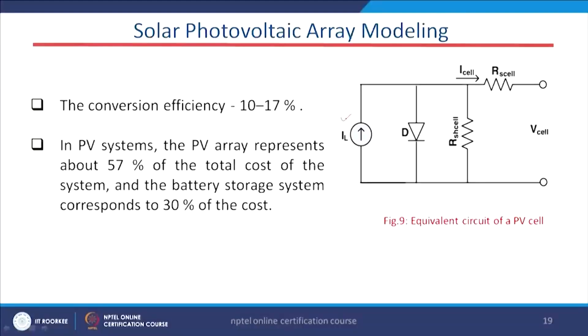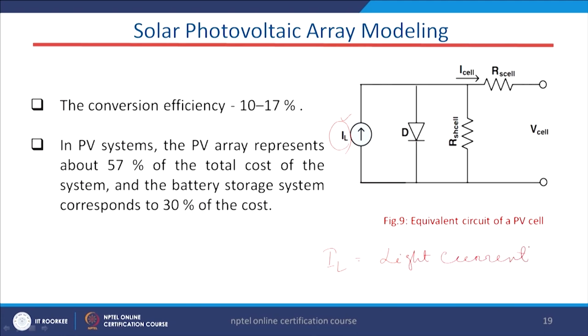Now, coming to the solar photovoltaic array modeling. Here a single solar cell is basically represented in terms of this electric circuit. This IL stands for the light current. I can write here, this is the light current. Why is it light current?